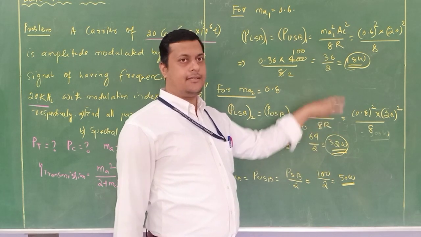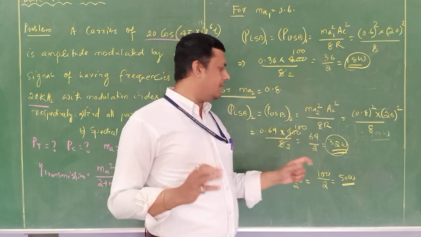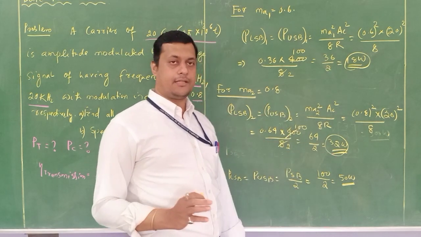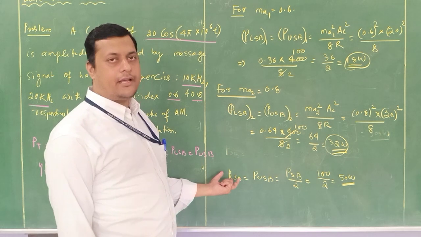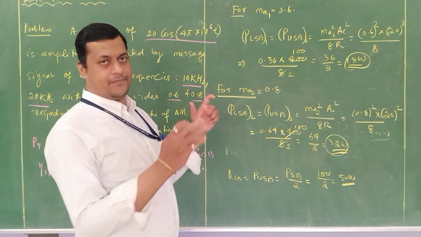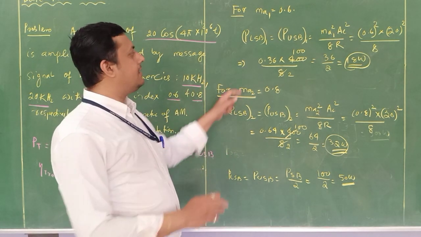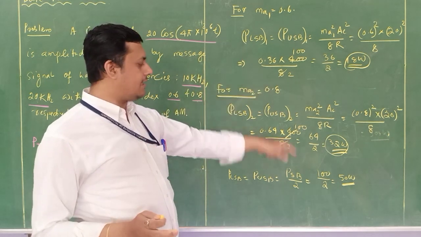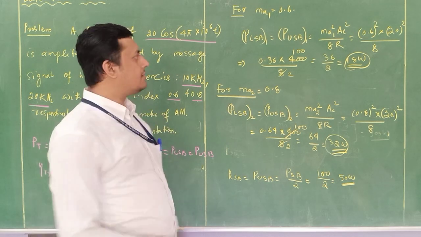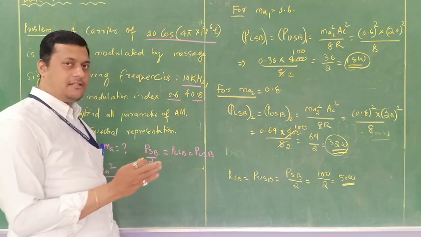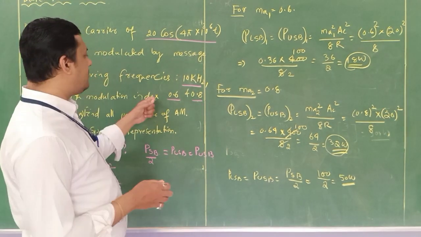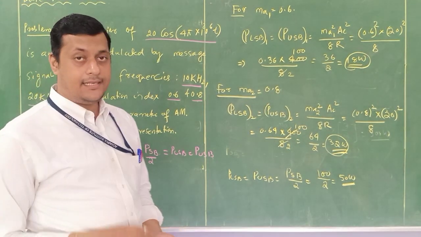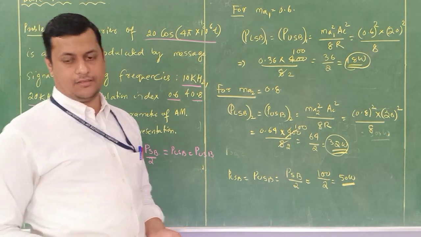If I add these two sideband powers, it must be 50, and it is. So it is proved. The sideband power available in our multi-tone signal is distributed accordingly. This sort of question may come in your exam with different modulation indices. Next we have to represent this in the spectral representation.